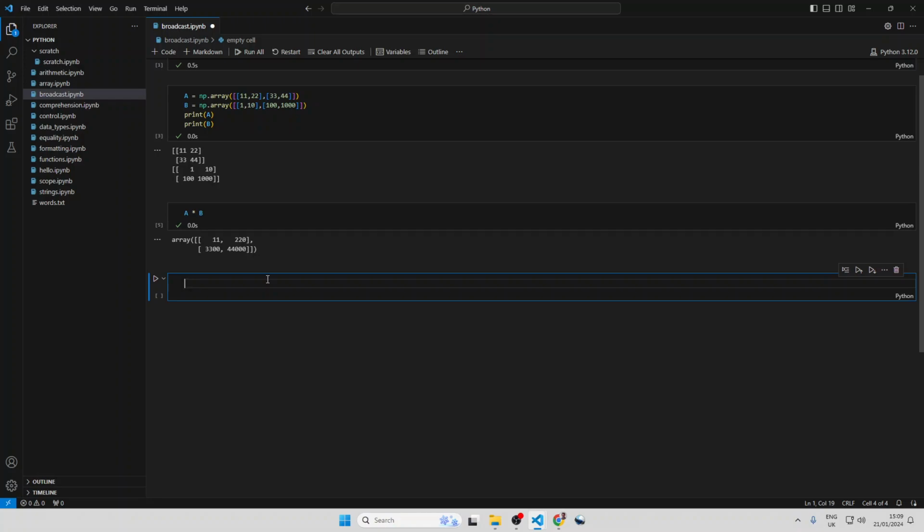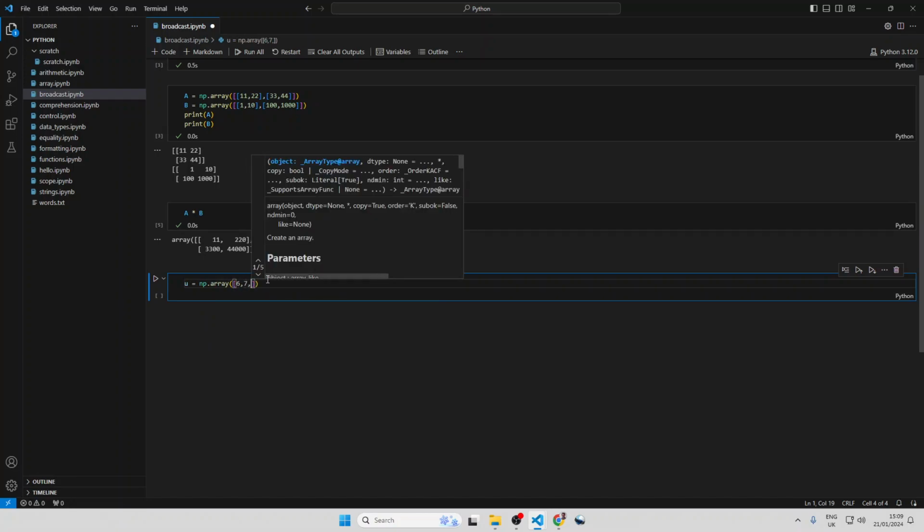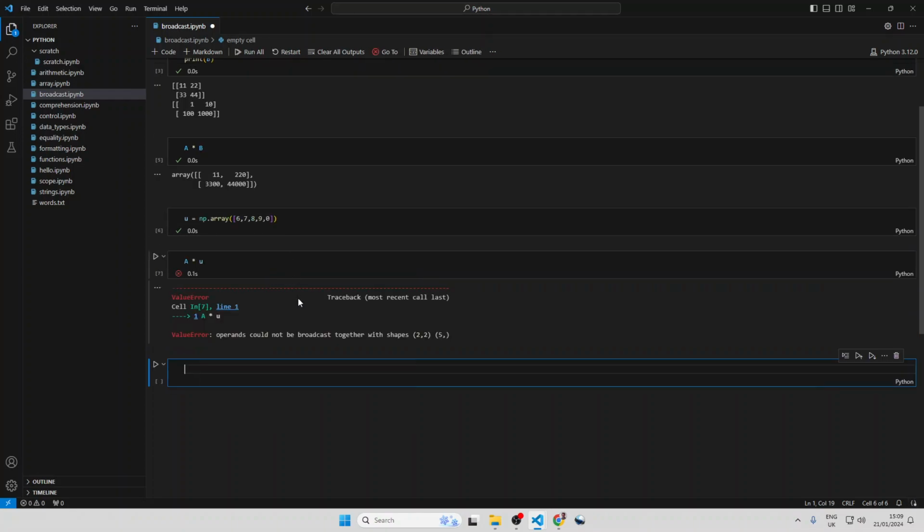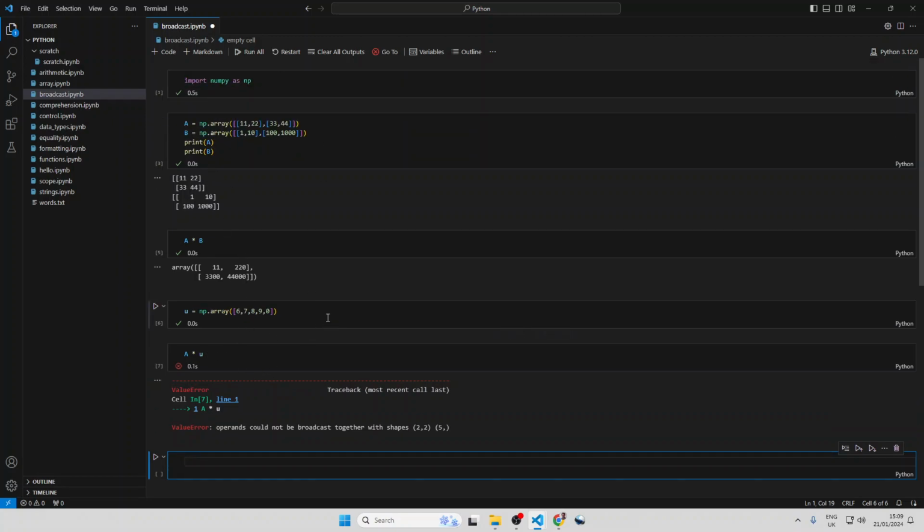And if we did a matrix of a completely different shape, like U, and then tried A star U, these things have completely different shapes. You can't match up the entries in A with the entries in U, and so we just get an error.